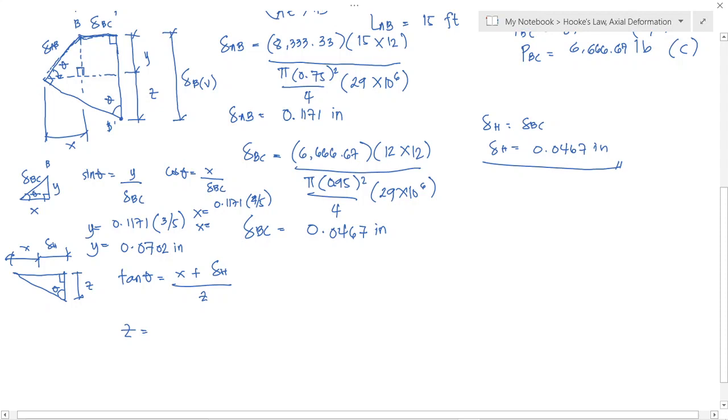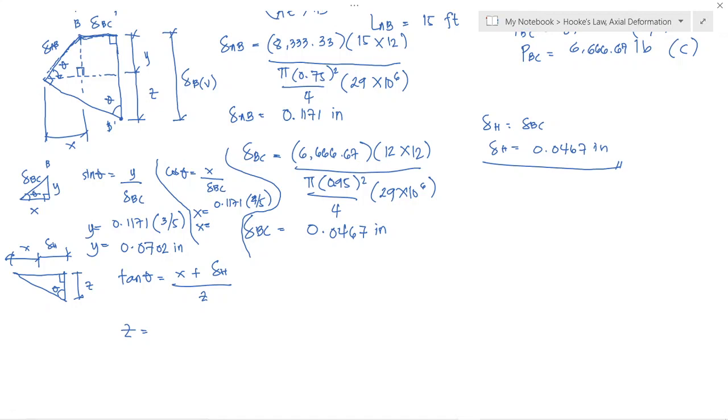So, x is equal to delta BC, which is equal to 0.1171 multiplied by 4 divided by 5.